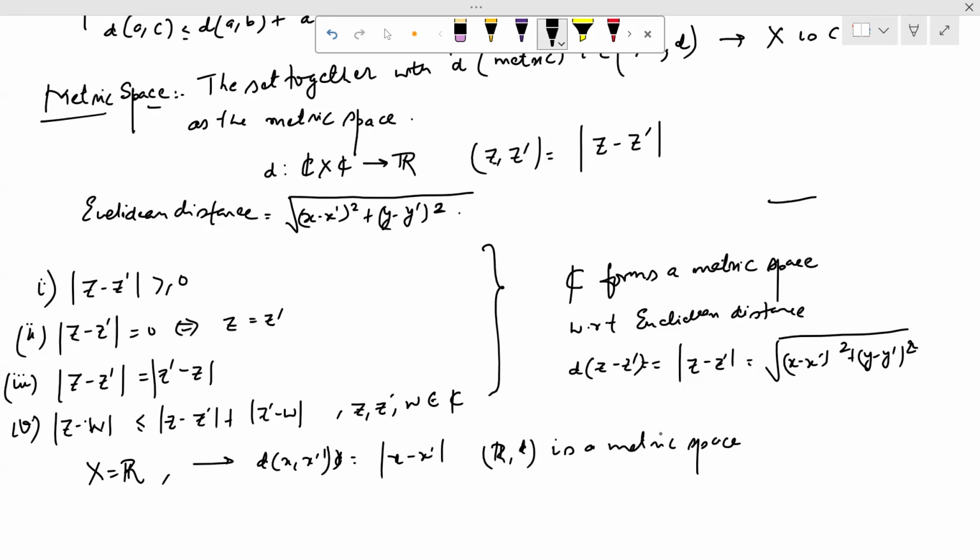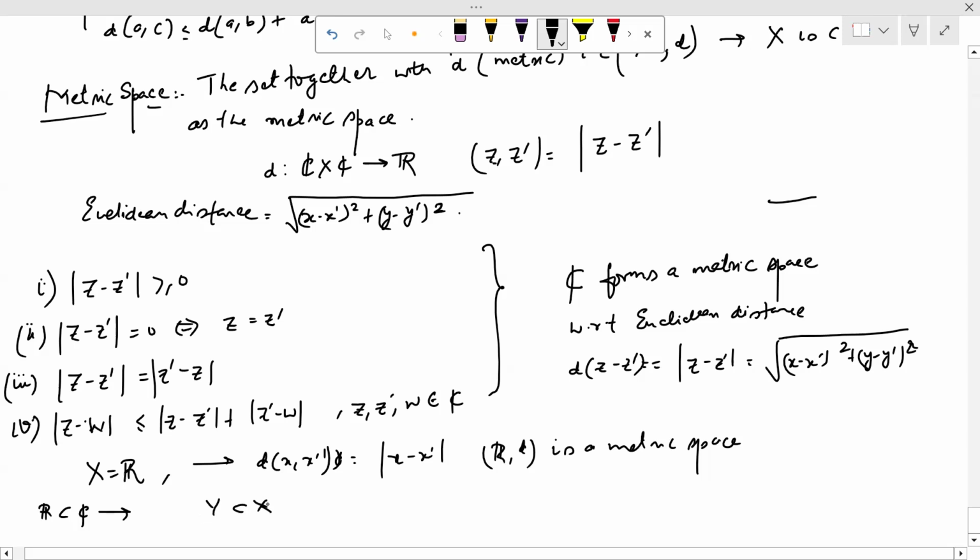From here itself, it is clear that R is contained in C. So always remember that if Y is a proper subset of X, and (X, d) is a metric space, so is the space (Y, d).